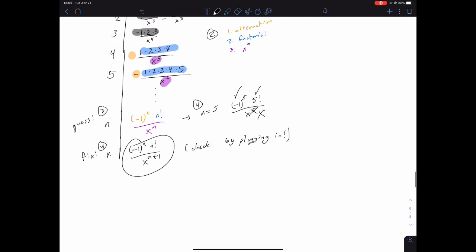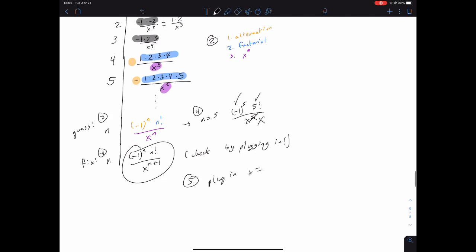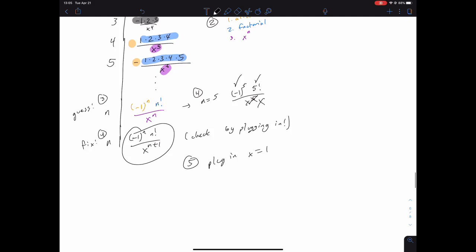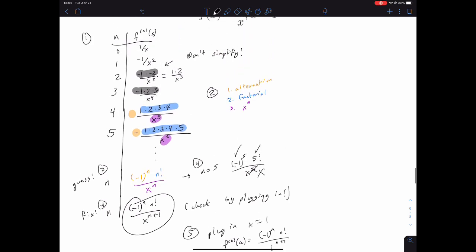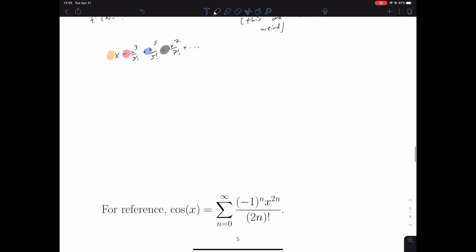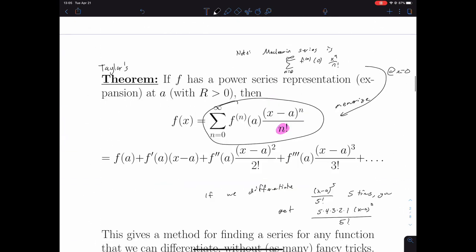Okay, step 5 was plug in x equals a, which was 1 in this case. So the nth derivative at a is going to be negative 1 to the n, n factorial over 1 to the n plus 1. So step 6 is, so check, does the first term fit? Maybe that was step 5. Did I mix those up? The order isn't super important on the last two.